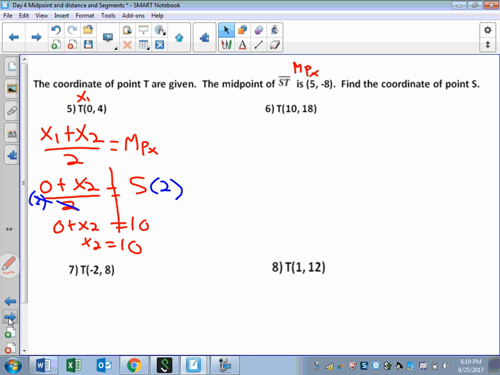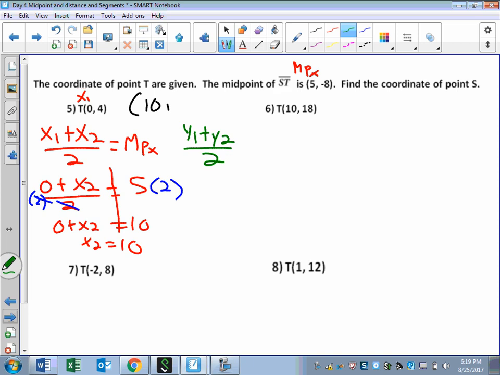So we have the first part of our coordinate. Now we just need to do the same thing for the y's. We have (y1 + y2) divided by 2 equals midpoint y. We have midpoint y up here, we have y1 right here, and we have to find y2. So we plug in: y1 is 4 plus y2, we don't know that, divided by 2 equals midpoint of y, which was -8.